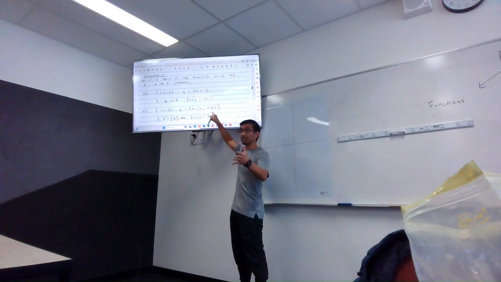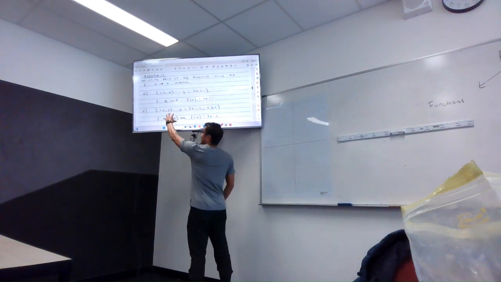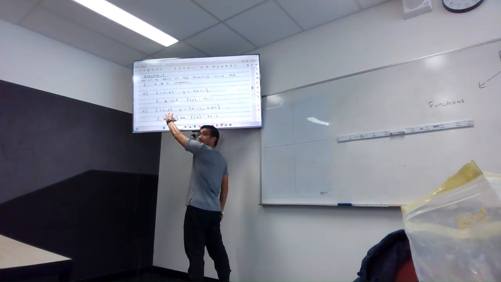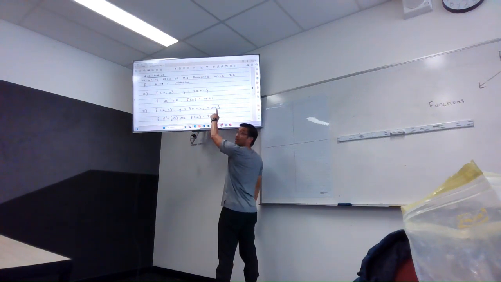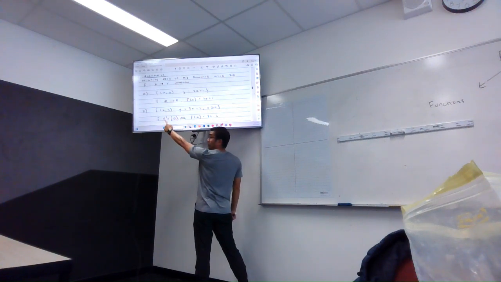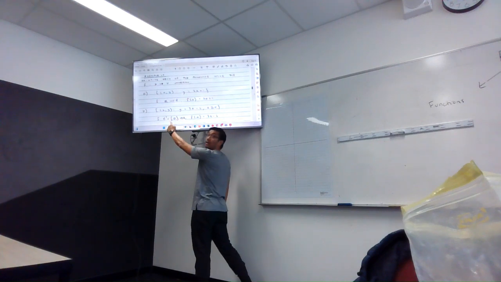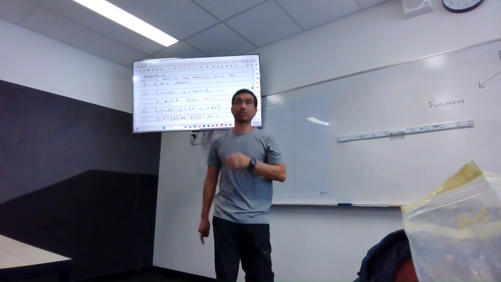If you're asked to rewrite it in function notation, this is our original R, but we're only interested in x greater or equal to 0. How do we write that? We're only interested in all positive real values with 0. That's our domain. Domain is the first section before your arrows, every single time.